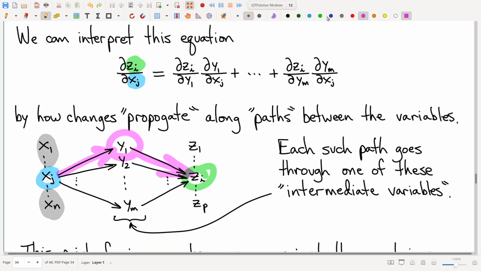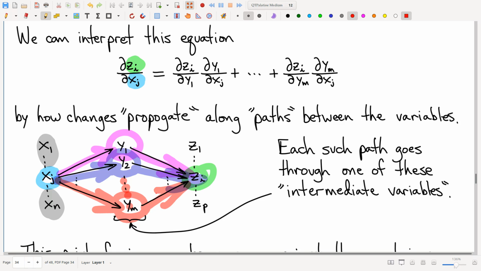And then furthermore, xj will cause y2 to change, and that will contribute to how Zi changes, etc., etc. And then it'll cause ym to change, which will contribute to how Zi changes. Right? So we're going to have a bunch of different paths. You can see the paths right here. The paths always go through one of these intermediate variables. Each path represents one way that changes can propagate.